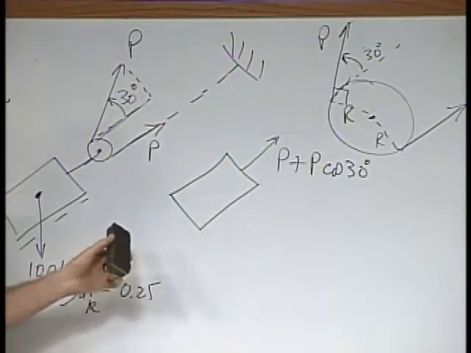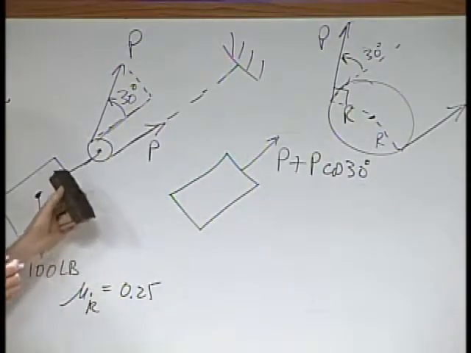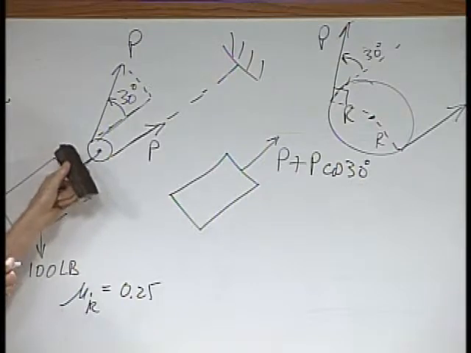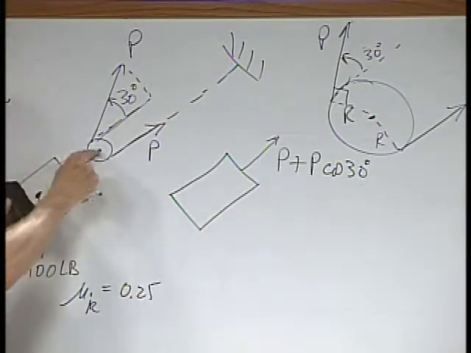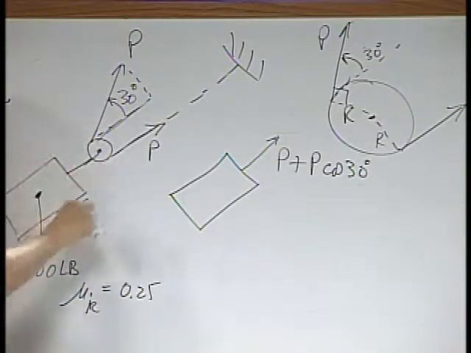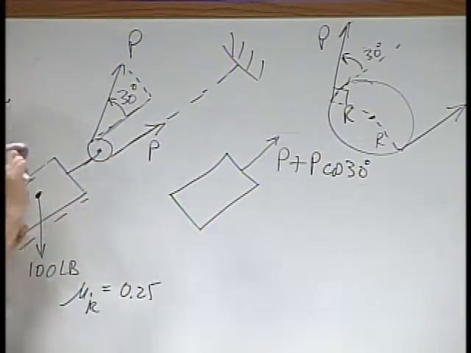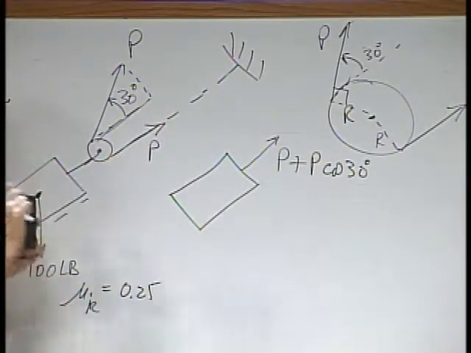And then there's another piece of that force. Keep in mind, how are we treating this whole thing here? As a particle. We're treating this whole mess as a particle. Everything's centered at one spot.